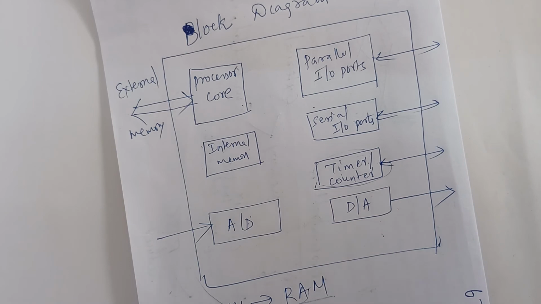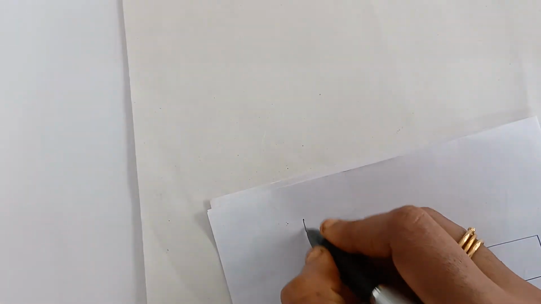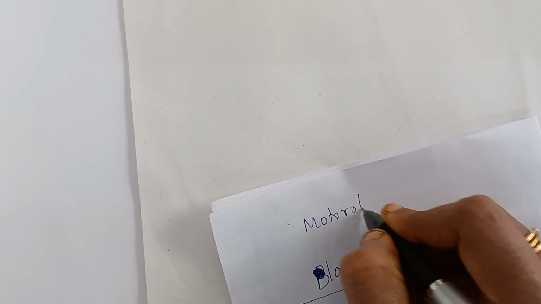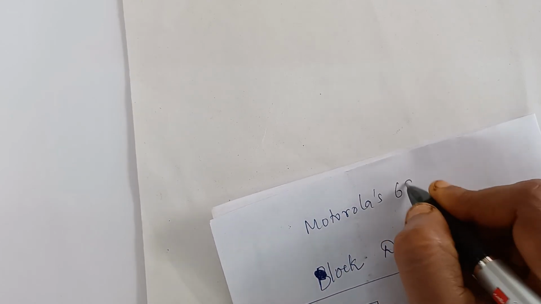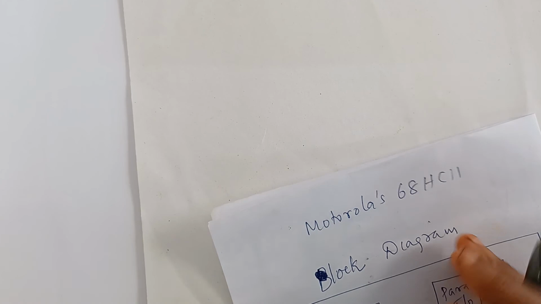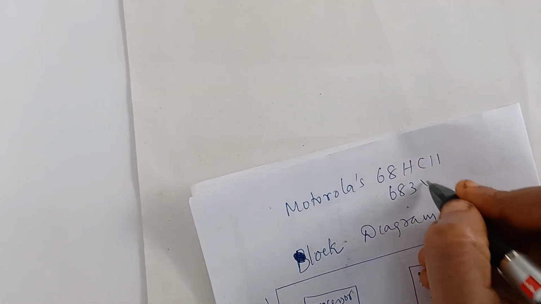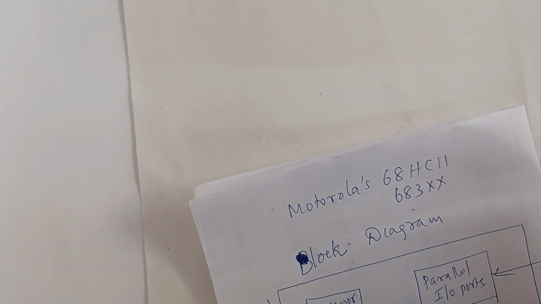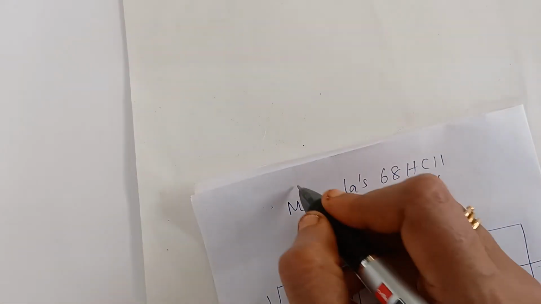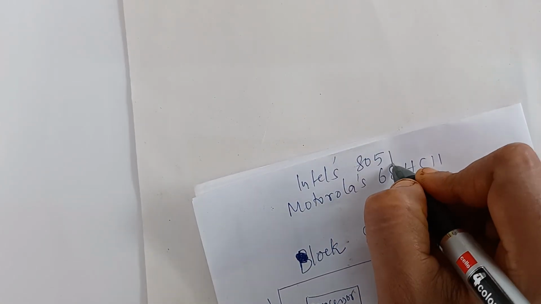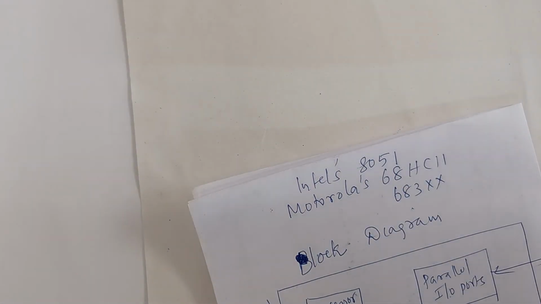Many of these embedded processor chips are available for commercial applications. Very common examples are Motorola's, as I told in the beginning, 68HC11 series or 683XX series, all the MCF5XXX families, and Intel's 8051 family, MCS 96, all these types.